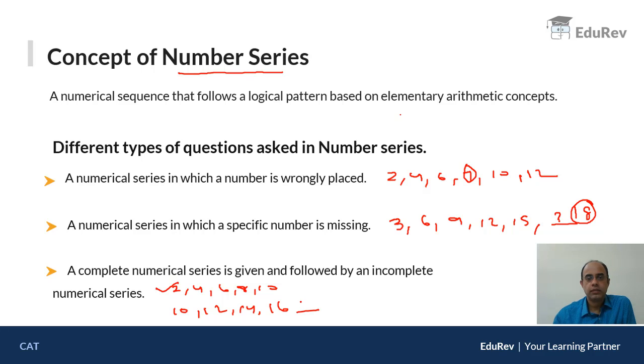So what is the next term? Fine. Whatever logic is placed here, you need to apply the same logic in this new series as well. Here the difference is of 2. Here also the difference should be of 2. Hence the next term should be 18. Generally, these are the three types of number series that come in any MBA entrance examination.